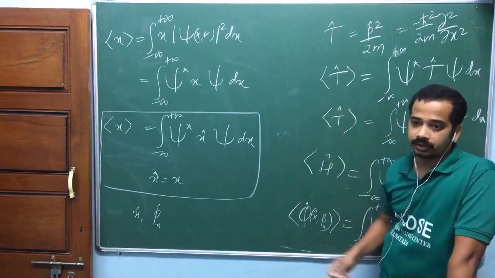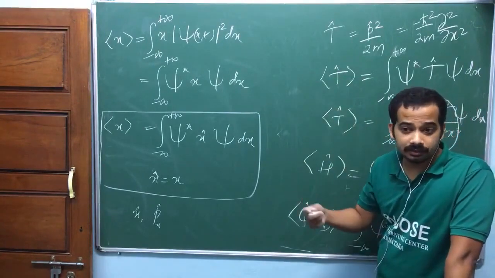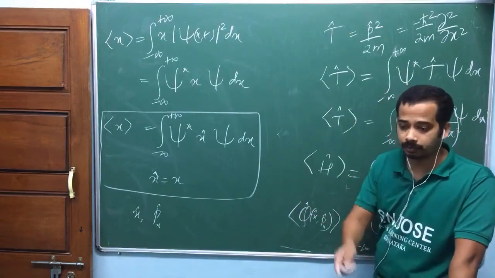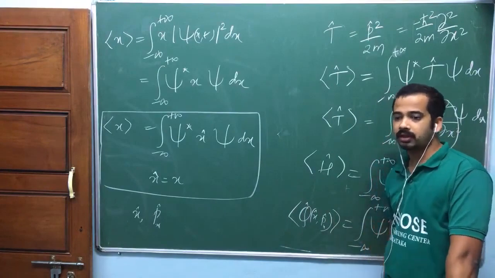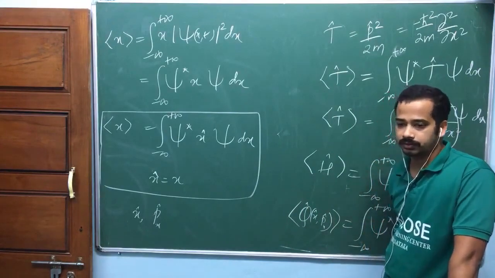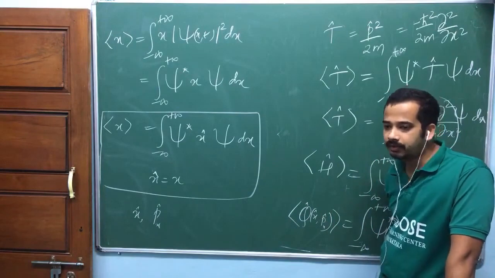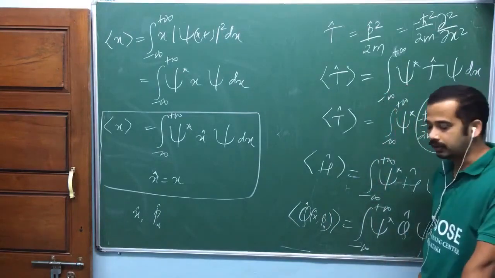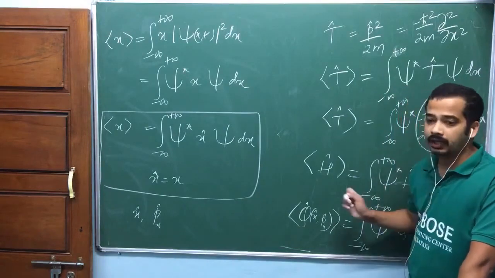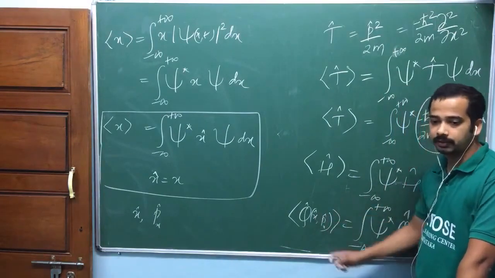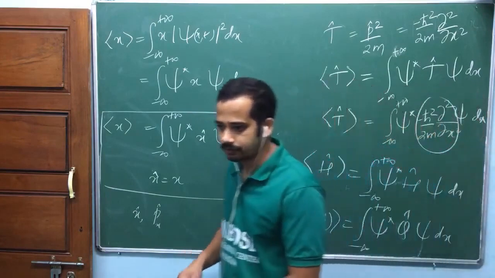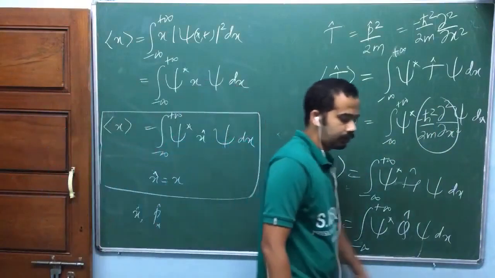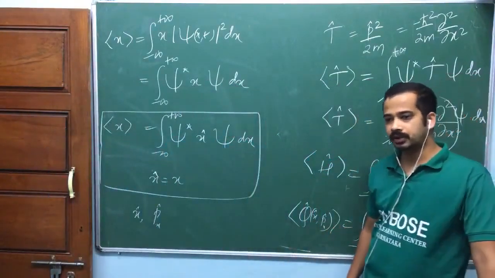Now, the operator is a representation of that; it is not the observable itself. Operator represents observable. Can you write that down? Observables are represented by operators. Both are the same sentence, am I right? Operator represents observable, or observables are represented by operators.